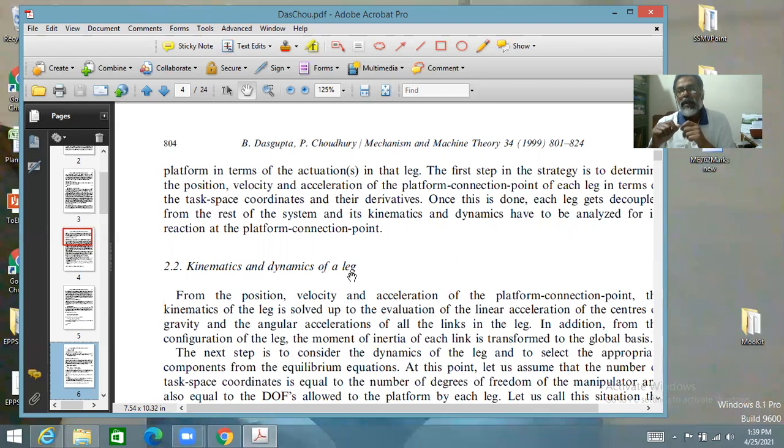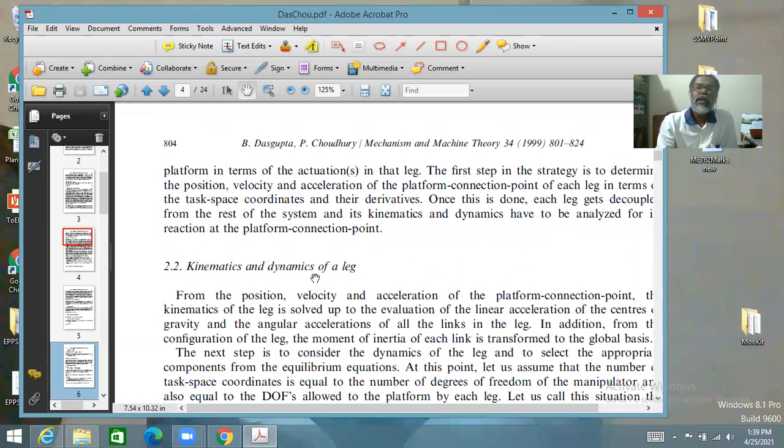On the other hand, if there is a rotary freedom about some axis, you take the moment and consider its component about that axis. Whether this particular joint, axis or direction is actuated or not doesn't matter; in either case, you do that. If it is actuated, then that actuator force or moment will come into the picture. Otherwise, it will be just an equation which will relate other things.